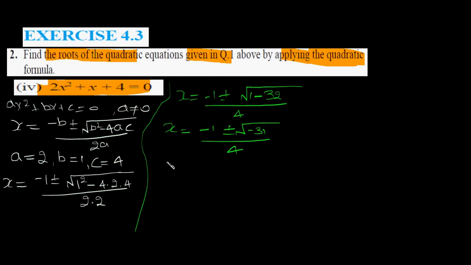So we can write, because this value of d, b square minus 4ac, comes out to be minus 31, which is less than 0. Hence, therefore, roots do not exist.